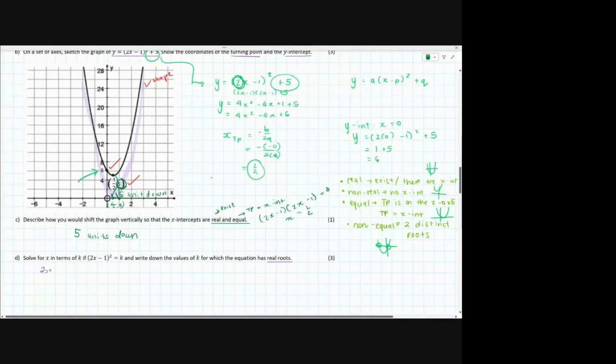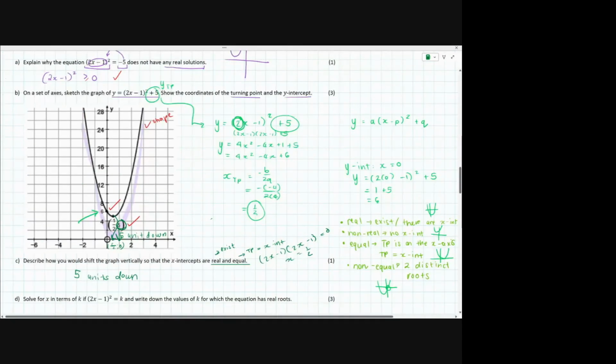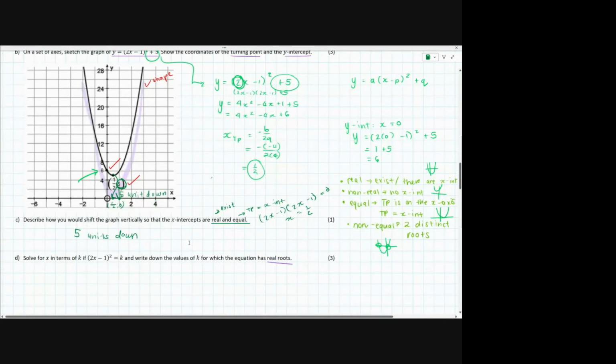Up here, we've already expanded that bracket squared, so there's no need for me to do it again. Obviously, you can if you want to. So we get 4x squared minus 4x plus 1 is equal to k.